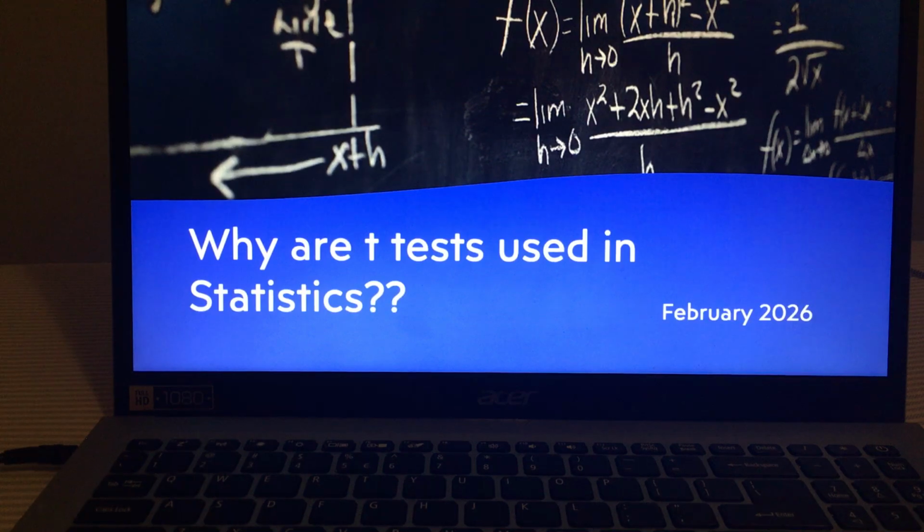Now the only thing that changes here in this equation for calculating the t-statistic is that instead of using a known standard deviation, we are going to use the estimated standard deviation symbol.